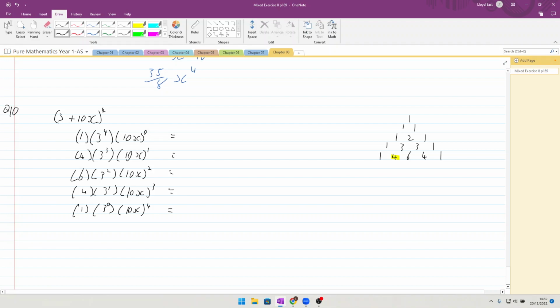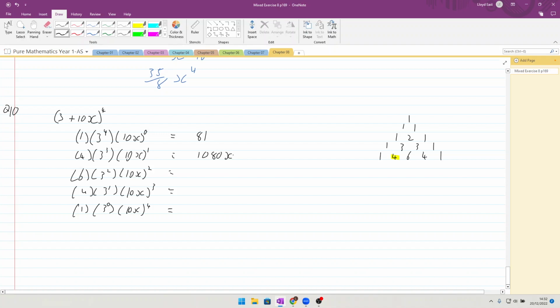That's 1, 3 to the power 4 is 81. Okay, 3 to the power 3 is 27, times 4, 108, times 10, 1080x.